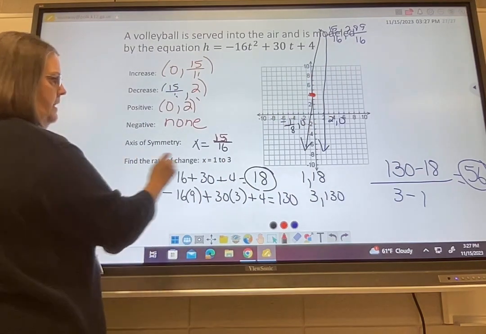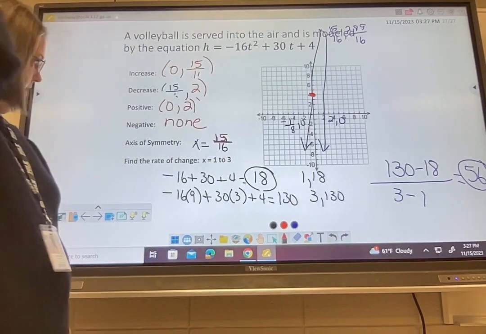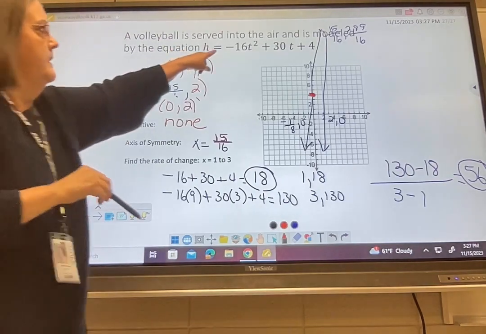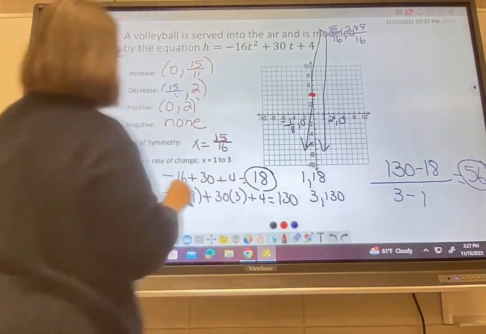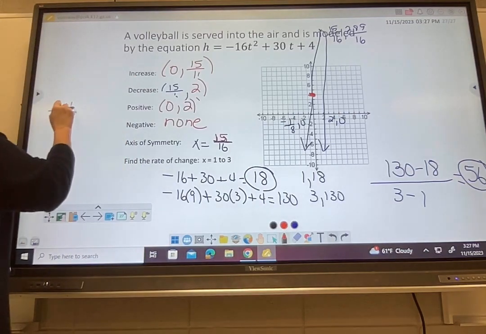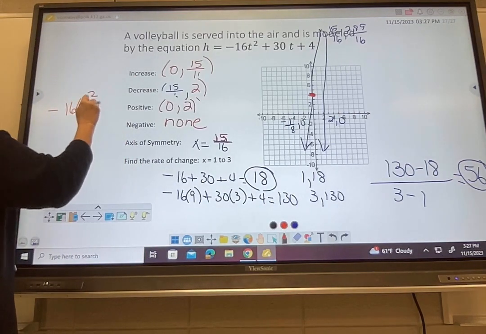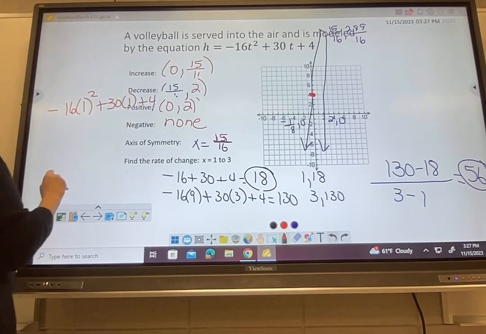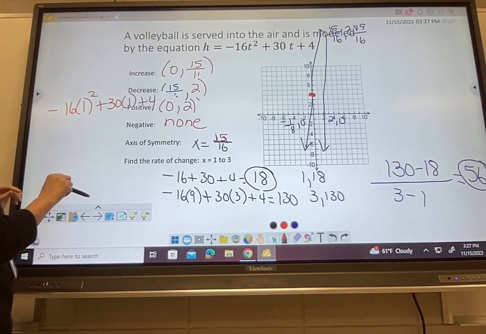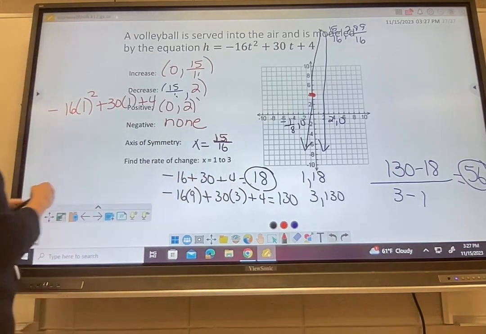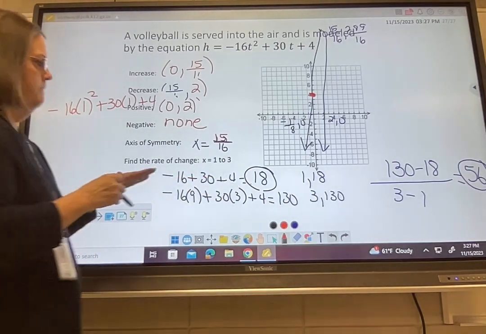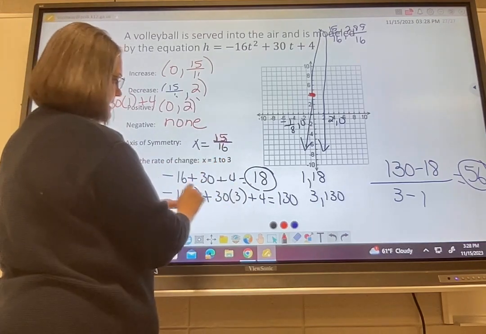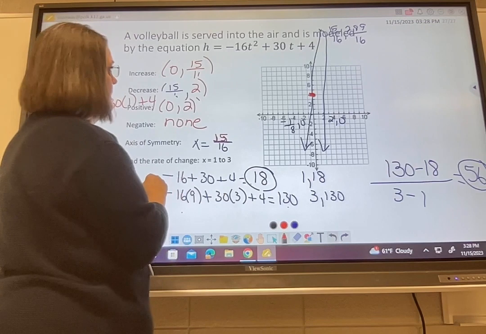And then the rate of change, okay, from 1 to 3. You have to evaluate this by plugging in 1. So if I plug in 1, I get -16 times 1 squared plus 30 times 1 plus 4. And that is going to give me 18. Okay. Then when I plug in 3, I'm just plugging those values in, I get this, and that gives me 130.